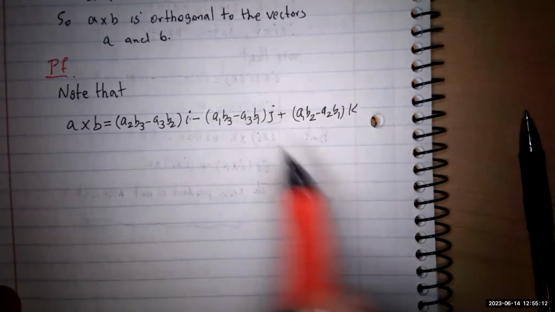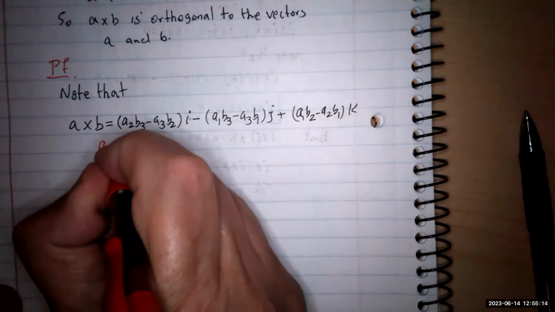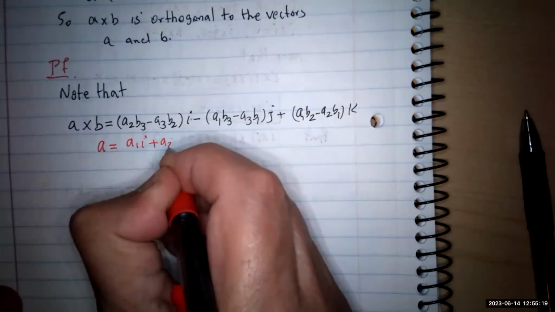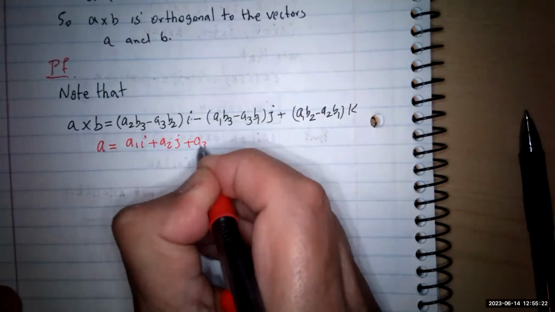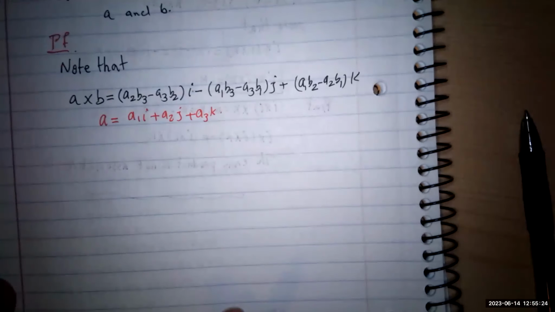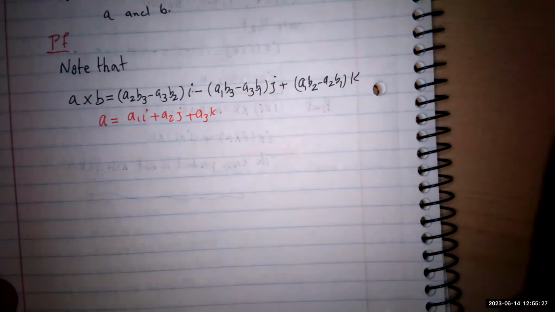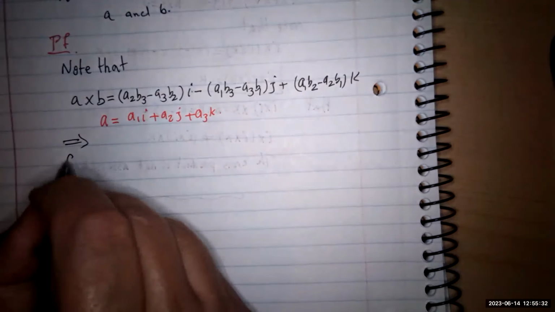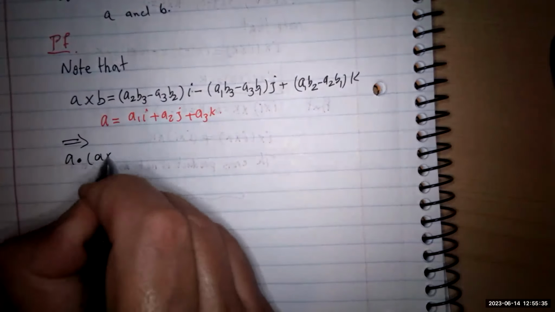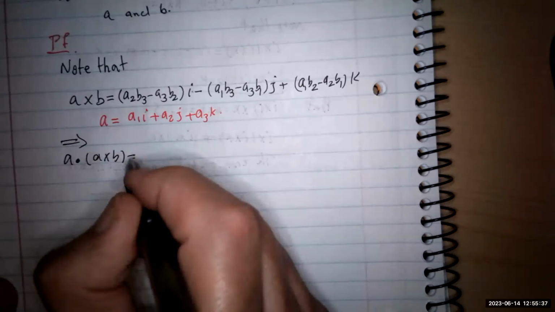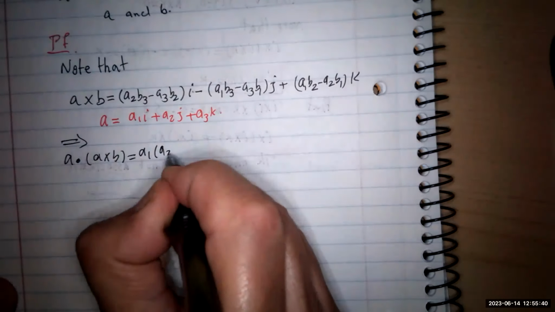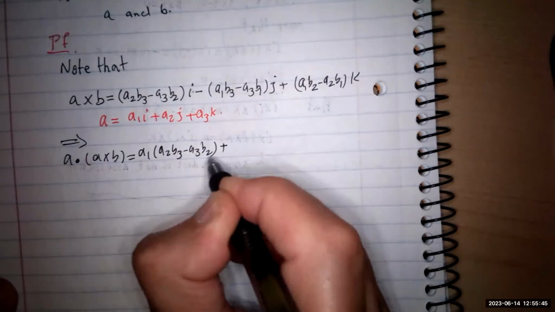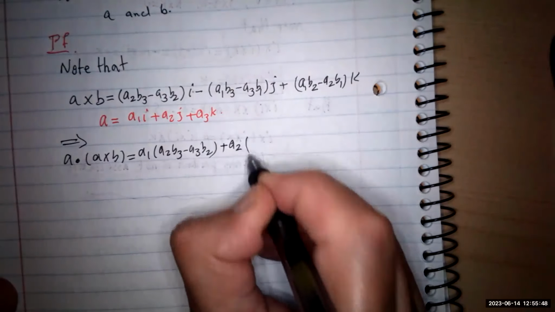Okay, now there you are. What is A? A is A1 I plus A2 J plus A3 K. All put together, the dot product, sorry, A dot A cross B. Remember, it's going to be A1 times (A2 B3 minus A3 B2), plus A2 times this one.